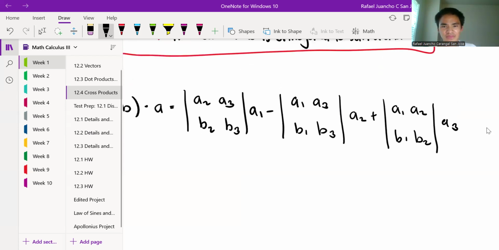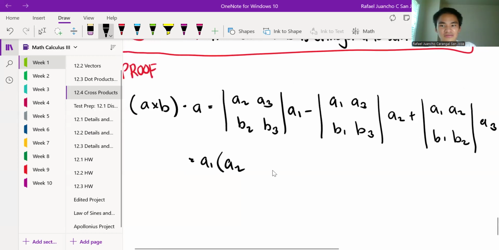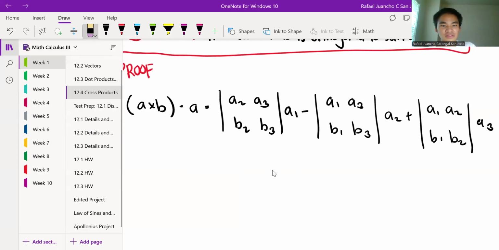And then we simplify it. So we have A1 times, and now we solve the second order determinants. I'm going to do it here. We go A1, A2, B3 minus A3, B2, right?